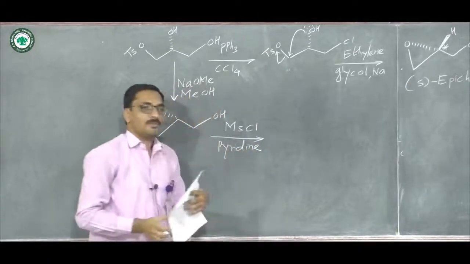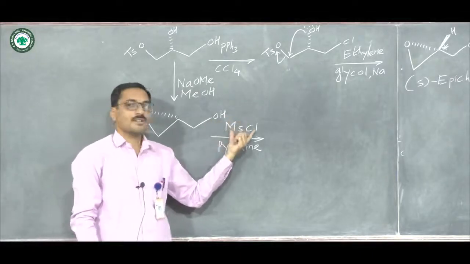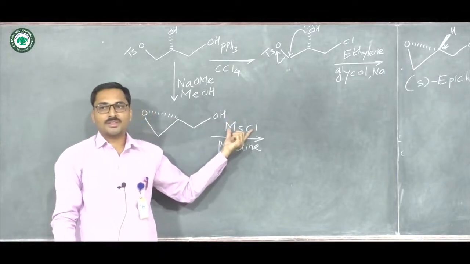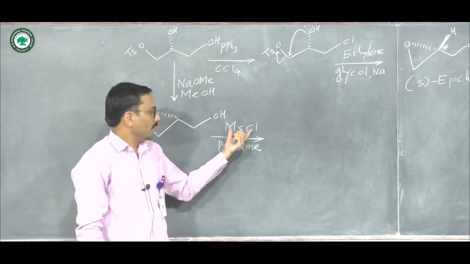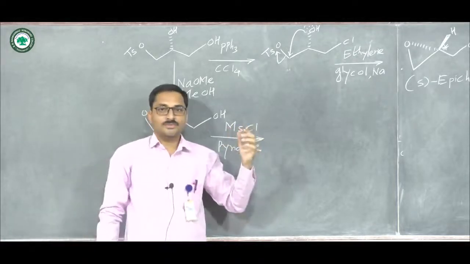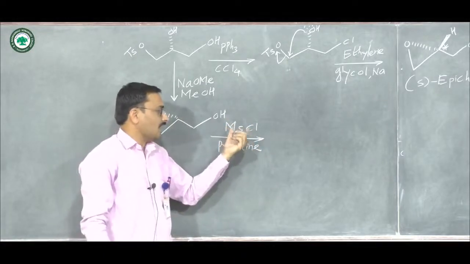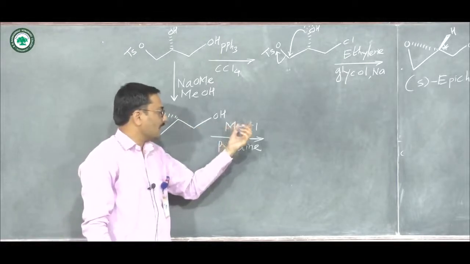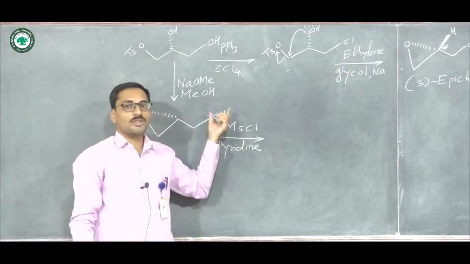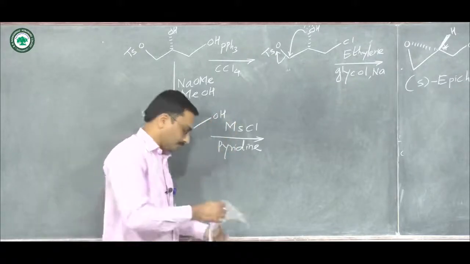In the next step, that alcohol is allowed to react with trimethylsilyl chloride in presence of pyridine. This TMSCl acts as a protecting group and can convert OH into the corresponding O-TMS group. There is formation of a good leaving group.